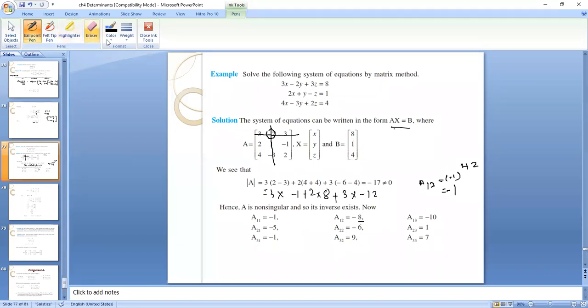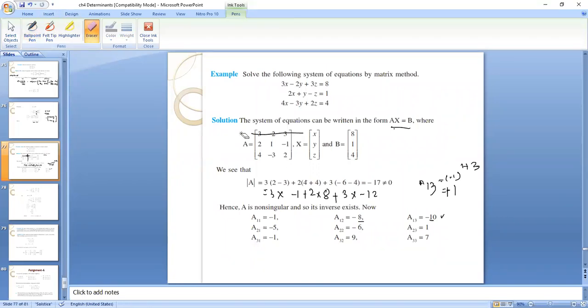Then after that, we will be calculating A13. A13 means this element, hide this row and this column. 3 twos are minus 6, minus 4, minus 10. 1 plus 3 means A13 means minus 1 raised to power 1 plus 3 means we will be multiplying with plus 1. So minus 6, minus 4, minus 10, it will be as it is, minus 10.